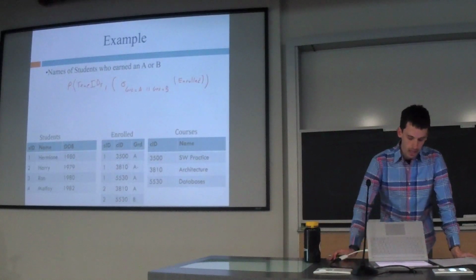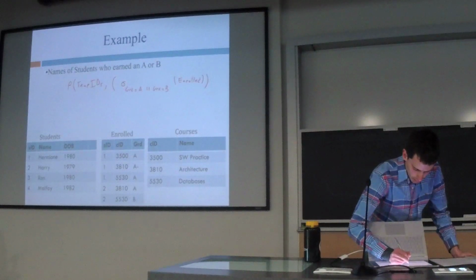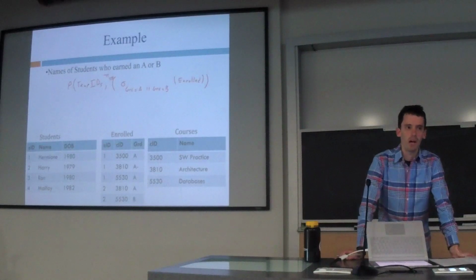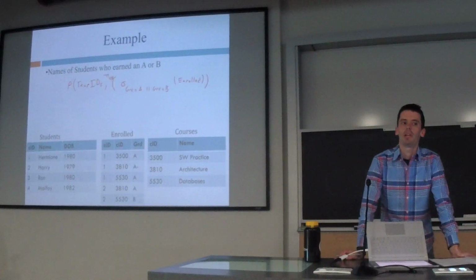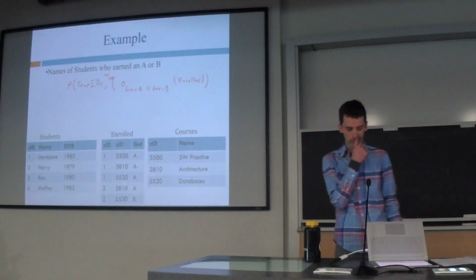Okay. And one little thing missing here, I also want to project from that, I want just SID. Okay, so I've now found the student IDs of anyone who's earned an A or a B and saved it into a relation called temp IDs.